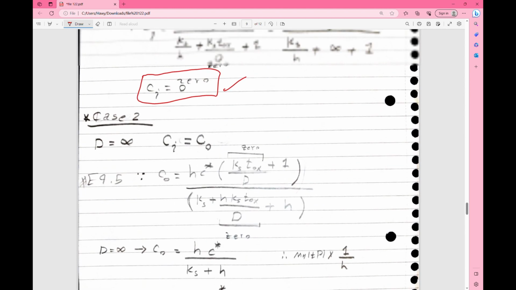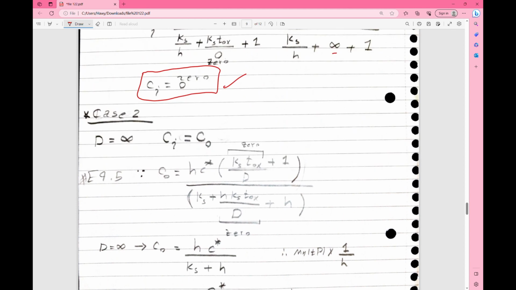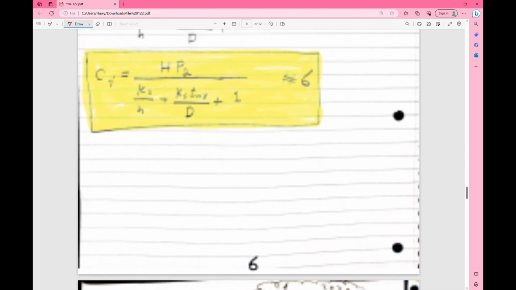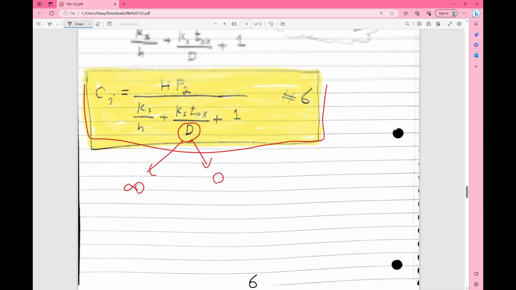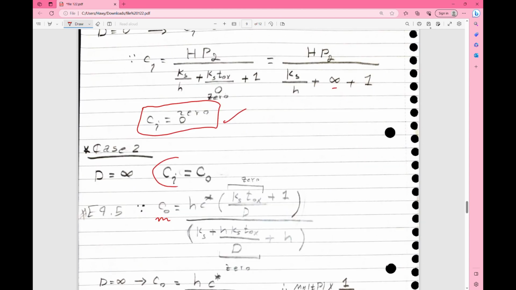But you should be careful that here we started solving from the equation for C naught. We don't use the equation Ci here. This is Ci. Actually, if you solve for Ci or for C naught, you will have the same solution. I will show you now.